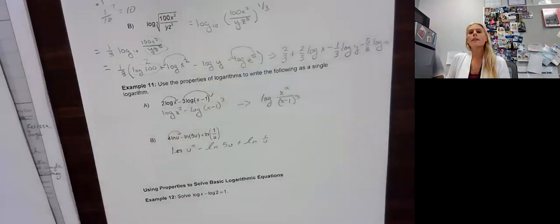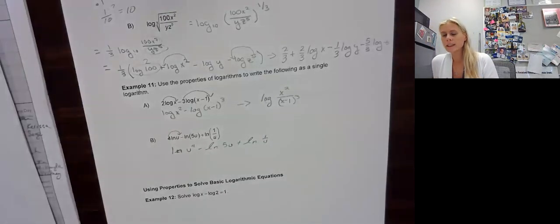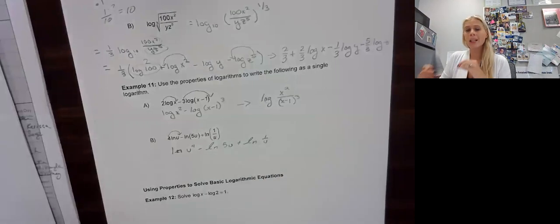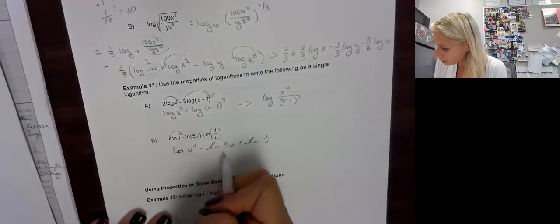Okay. Now, yes, it would be very easy for me just to put everything that has a plus sign or a positive in front of it in the numerator, and then everything that has a subtraction in the denominator. But I'm a little worried about this fraction, so I'm actually going to do this in parts. Okay, guys? So right here, this would be division.